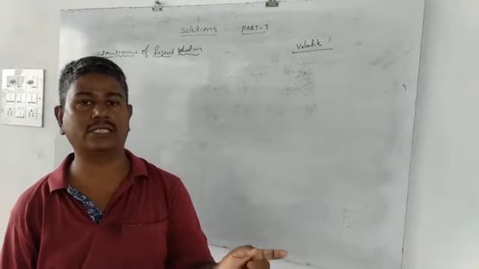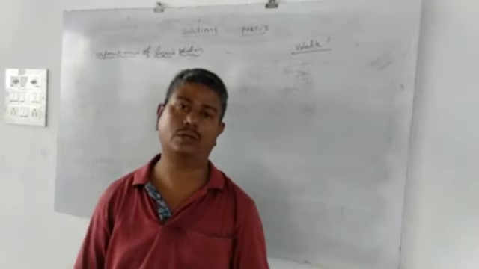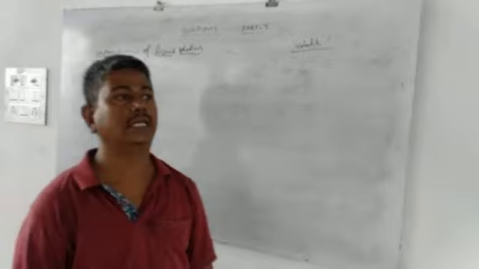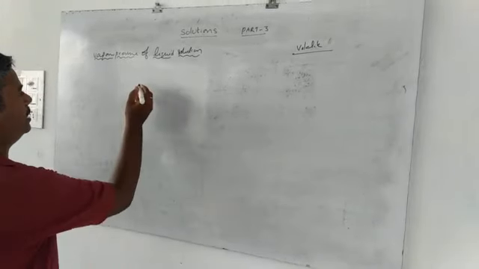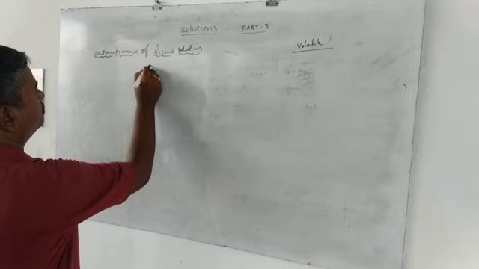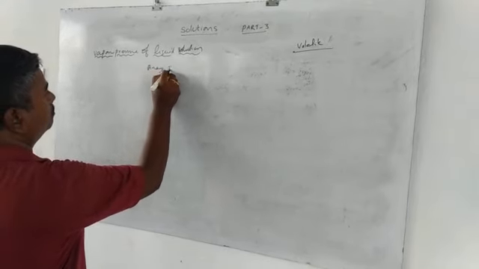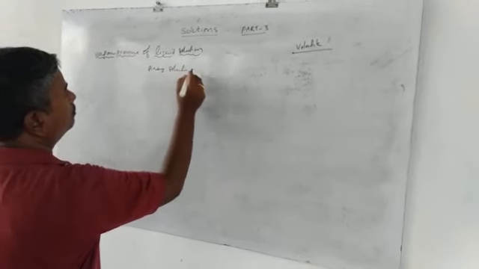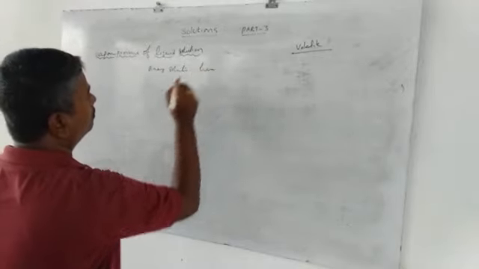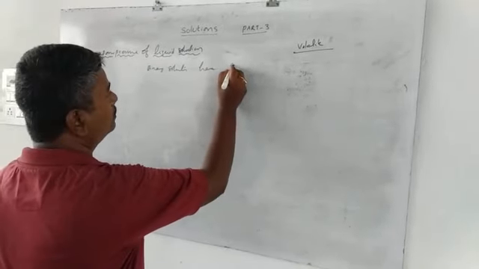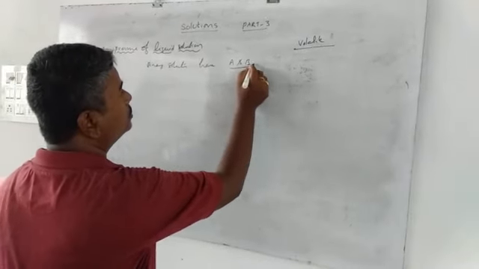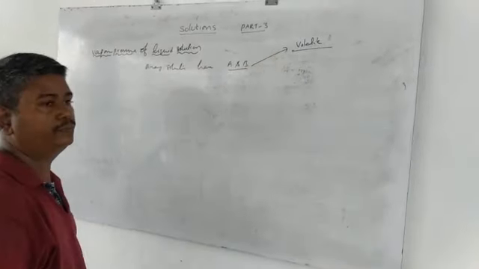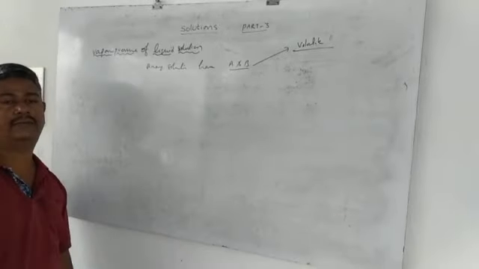That is called Raoult's law. That means if a binary solution has A and B, which are two volatile liquids.